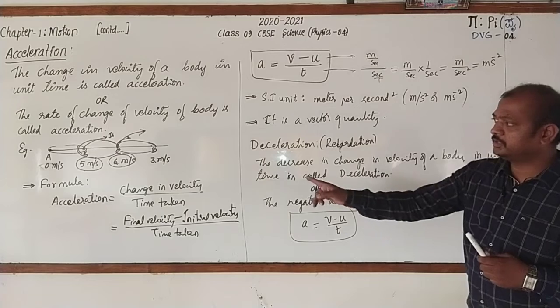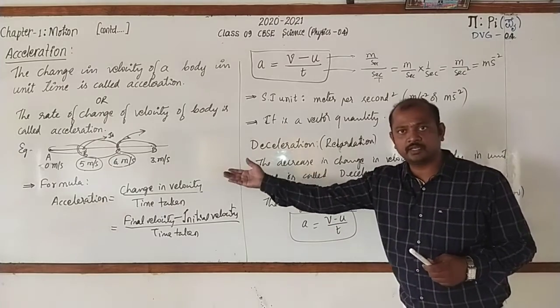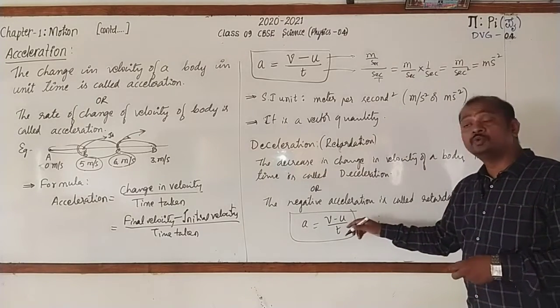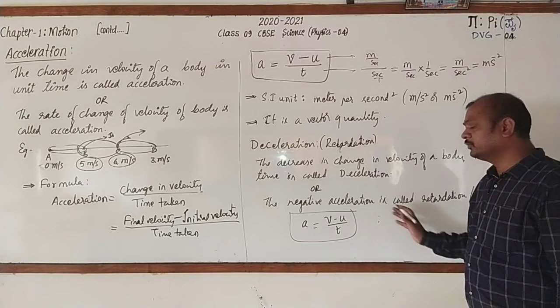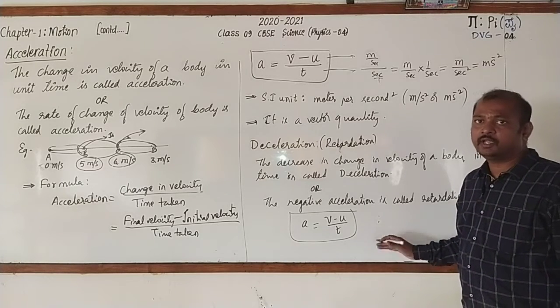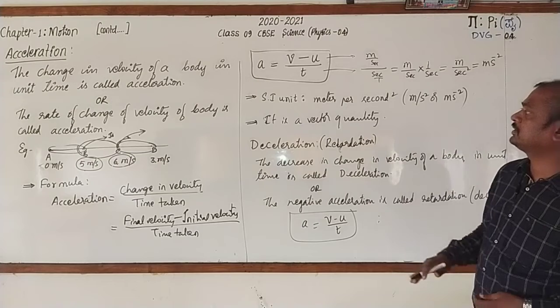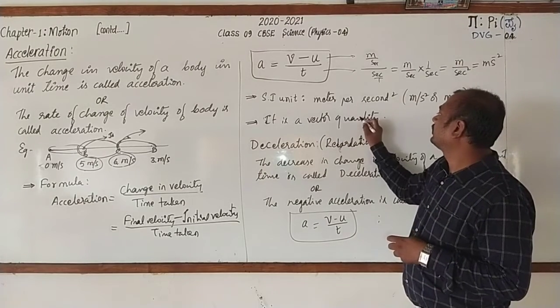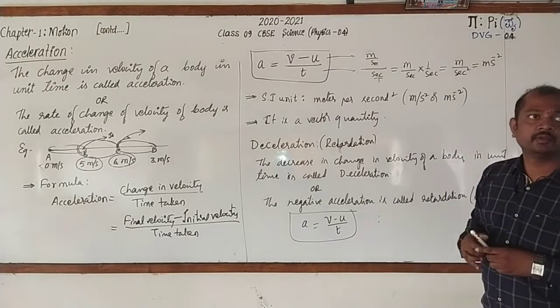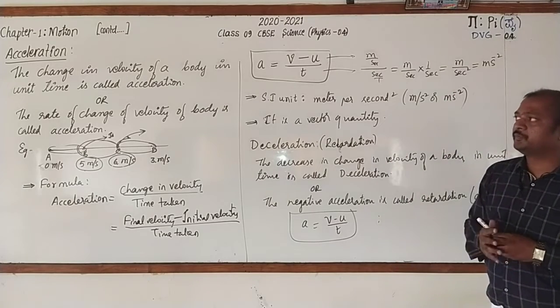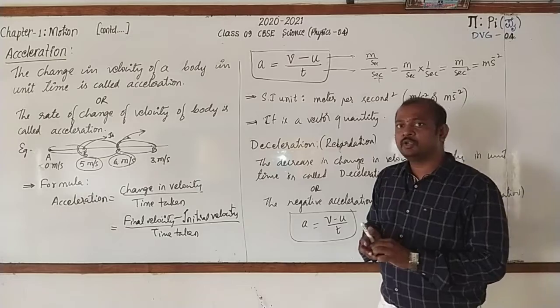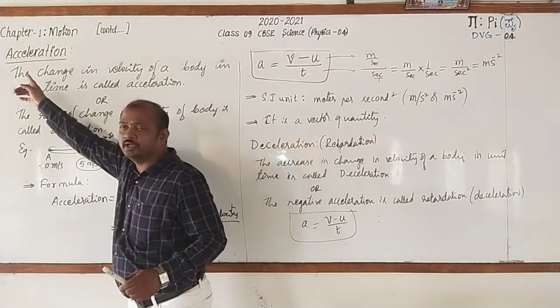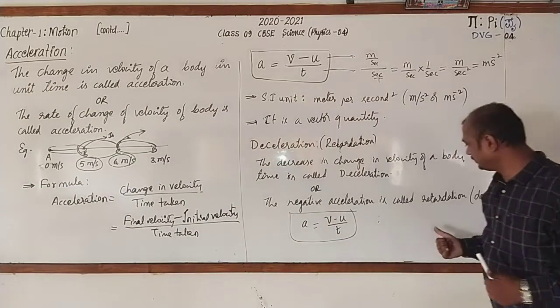In acceleration, v is greater than u, but here u will be greater than v. Understood? And the SI unit is the same, meter per second square. It is also a vector quantity. Clear? Now you have to pause the video and start writing from here and copy up to here.